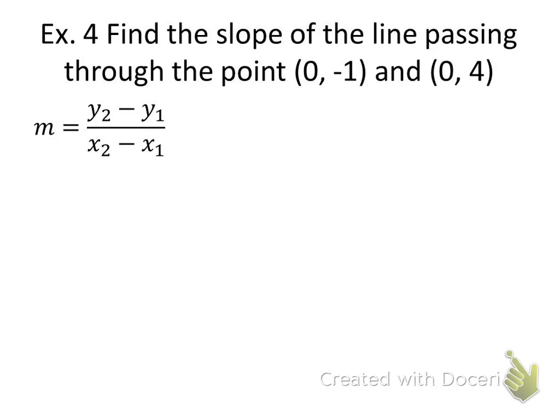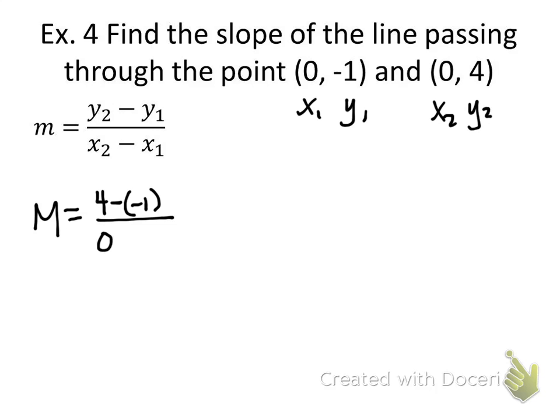Okay, let's plug in these numbers. M equals, this is x1, y1, x2, y2. I'm going to have 4 minus -1 over 0 minus 0. Now, this becomes a positive, and I've got 5 over 0. There is no such thing as a fraction with 5 over 0.